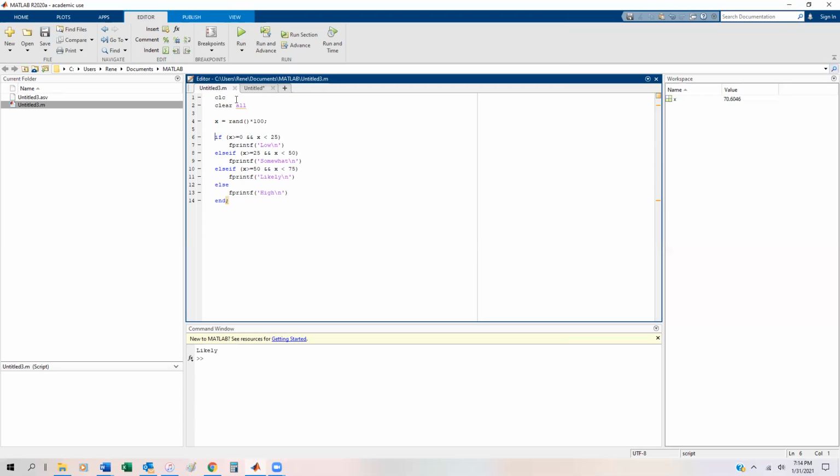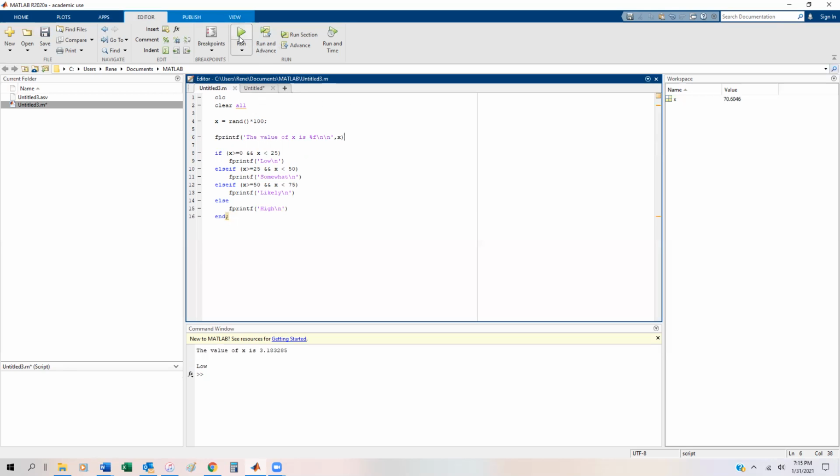Let's print out x, excuse me. So let's just see what happens. Let's fprintf, the value of x is %f, and let's just do 2 backslash n's, and let's call x.